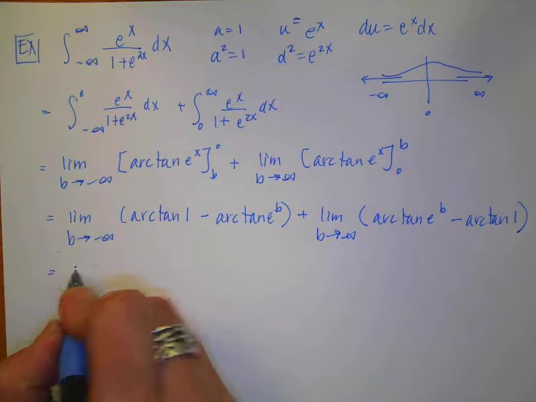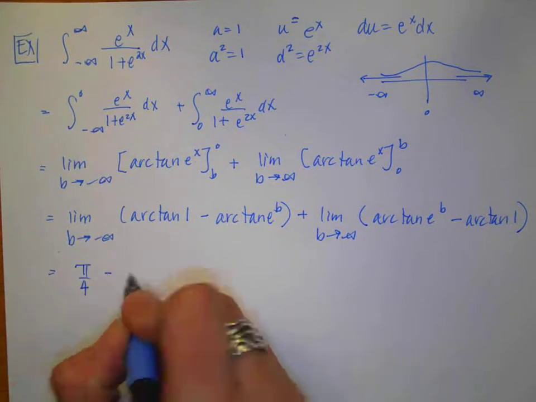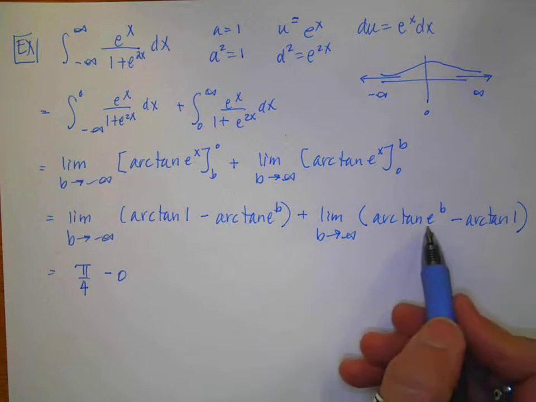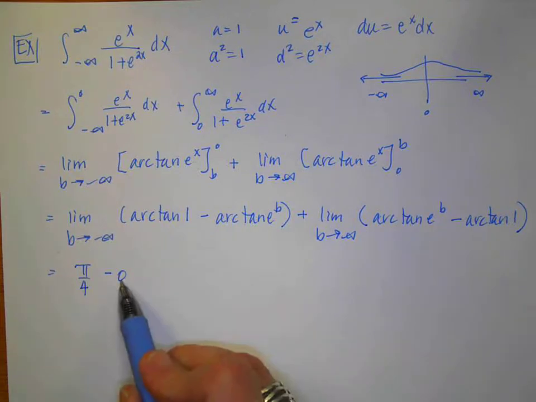Alrighty, if I evaluate this, the arc tangent of 1 is pi over 4. Arc tangent of e to the b is going to be 0.